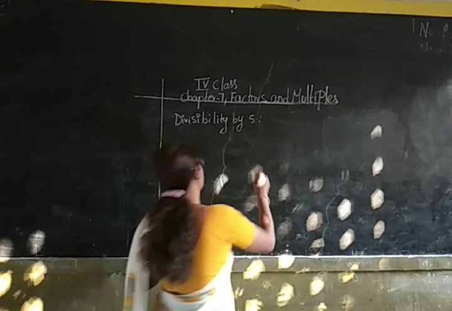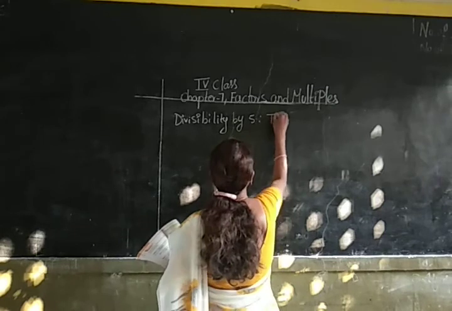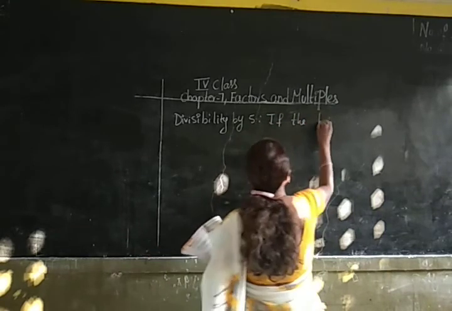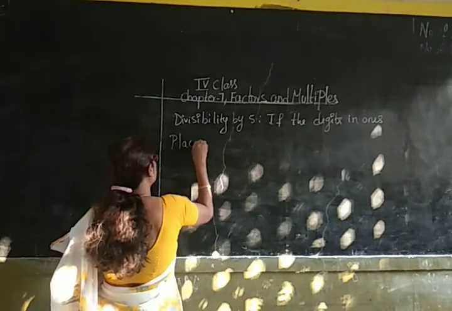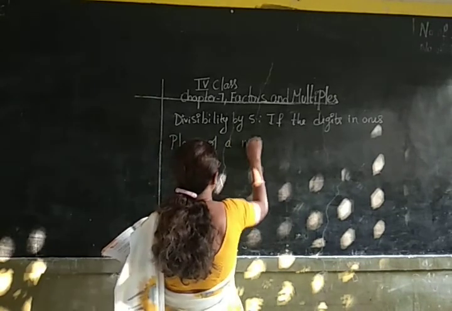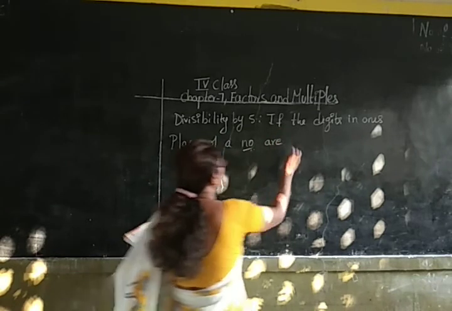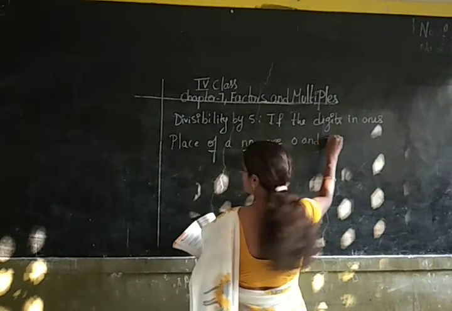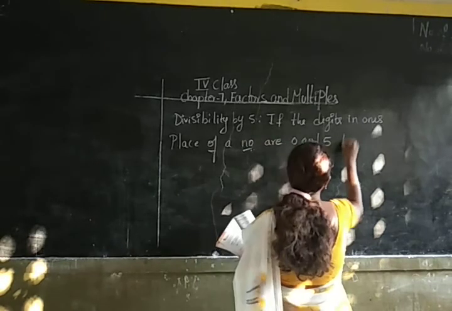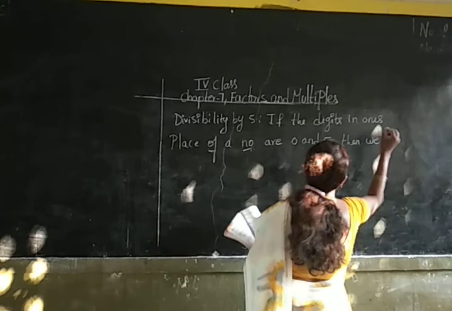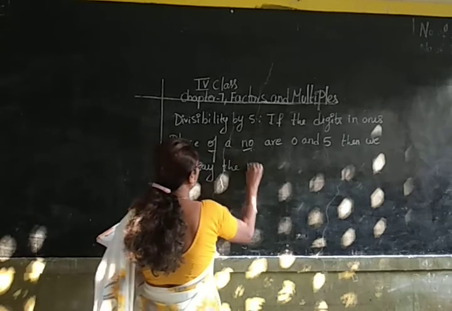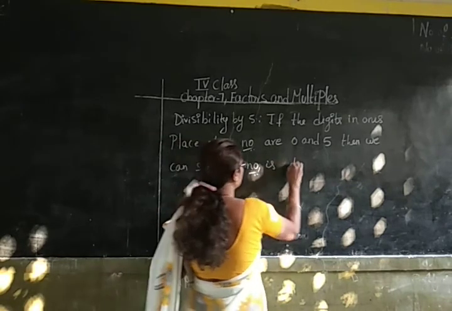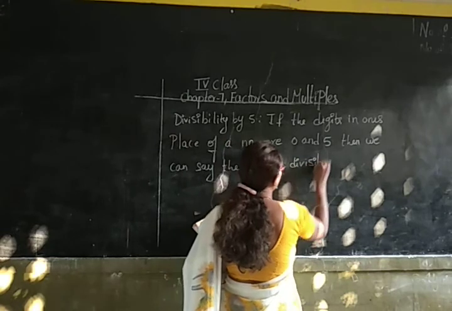If the digit in the ones place of a number is 0 or 5, then we can say the number is divisible by 5.